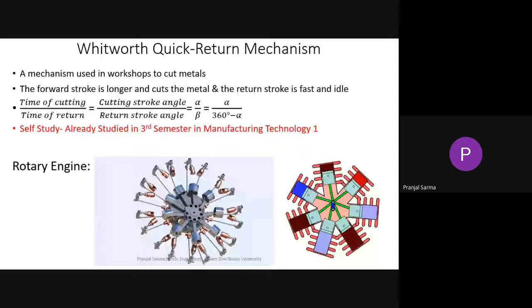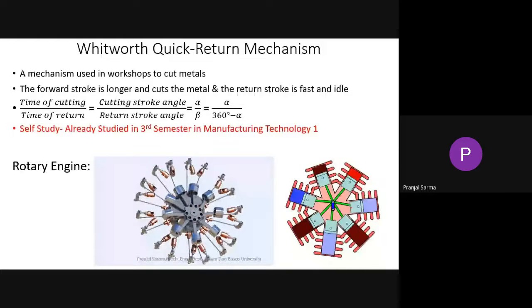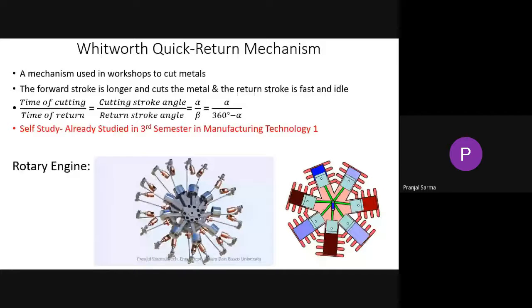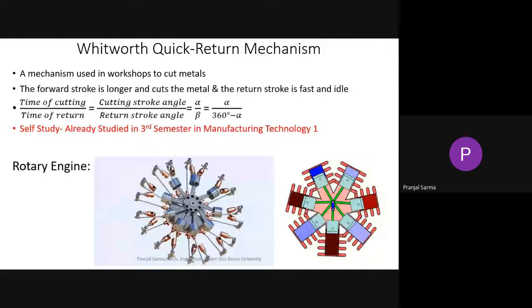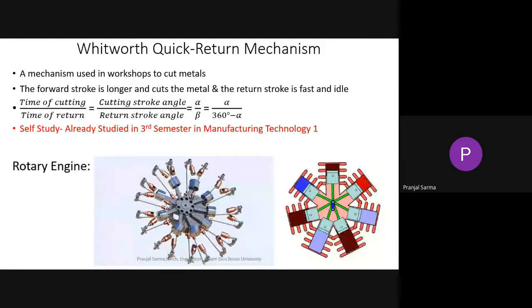On the face, the different engines are there. Whenever this moves, different strokes take place in different cylinders. So that is about the rotary engine.